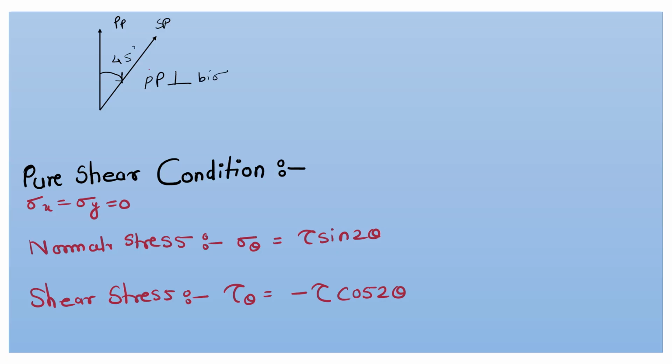The principal plane and shear plane are perpendicular bisectors of each other. Perpendicular bisector means 45 degrees to each other in every case. Many times they ask the question whether the principal plane and shear plane are bisected by 60 degrees, or 45 degrees, or perpendicularly. The answer is 45 degrees. The principal plane and shear plane are perpendicular bisectors of each other.